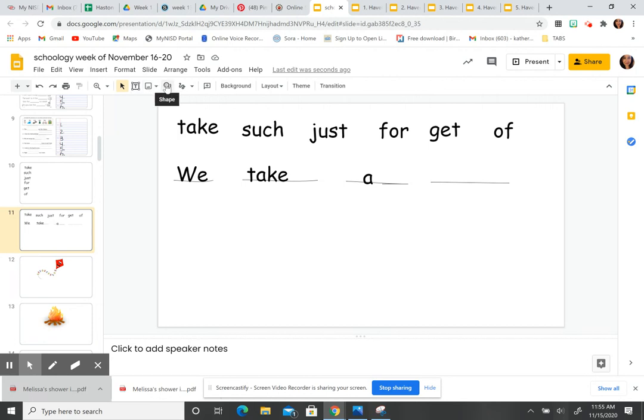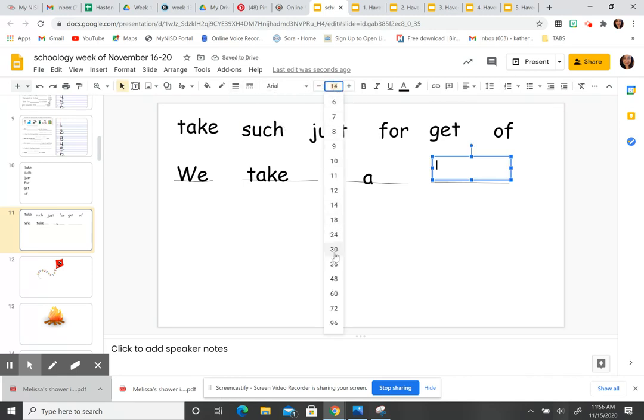Now listen carefully as I sound out the word trip for you. The beginning part can be a little tricky, so listen carefully as you hear me say it slowly. T-r. There's a blend there at the beginning. T-r. I-p. T-r. I-p. We take a trip.